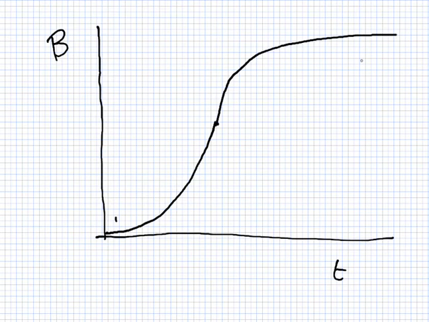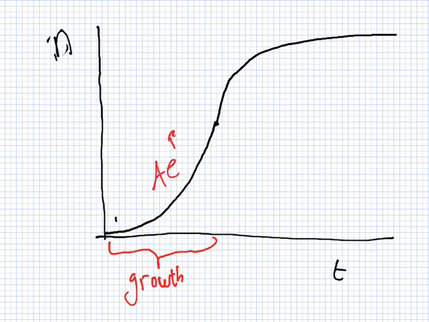And the reason for this is less food, less energy, less resources. So what I'm saying is, at least for this part here, the growth, you could say it's N equals A e^(BT), but then it will reach a limit here.